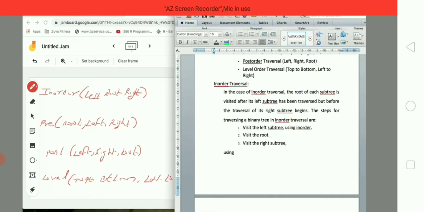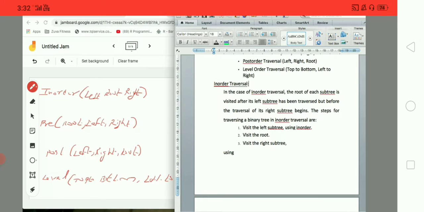The first one is in-order traversal. In the case of in-order traversal, the root of each subtree is visited after its left subtree has been traversed, but before the traversal of its right subtree begins.